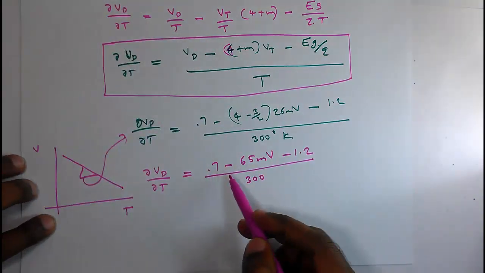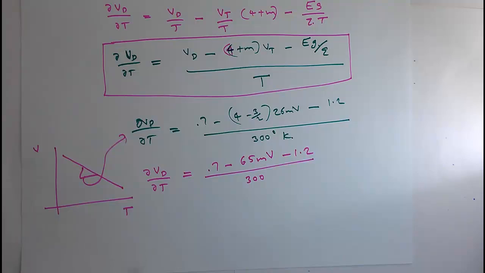The values we put are approximate values, so we will not get the exact ∂Vd/∂T, but we need an approximate value.